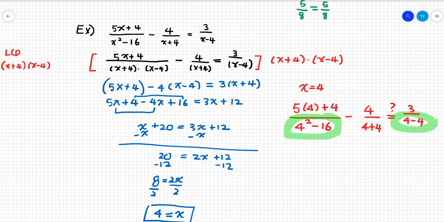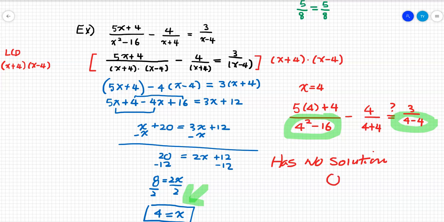So in this case, even though we came up with the answer x equals 4, we're saying that this problem has no solutions, okay? You need to write this on the test if you have something like this.